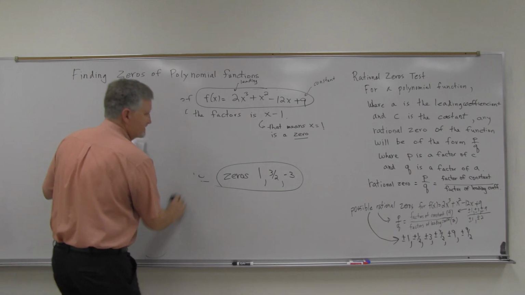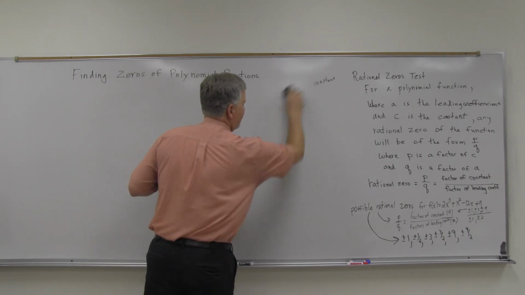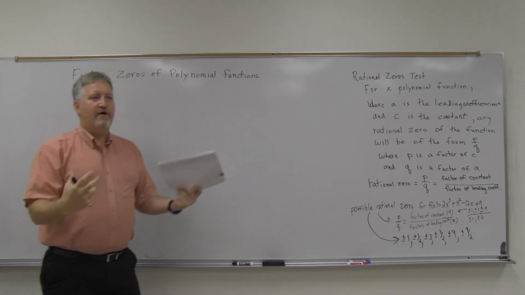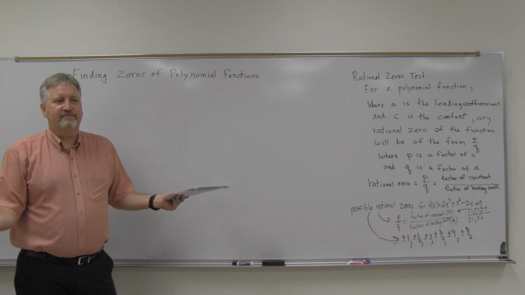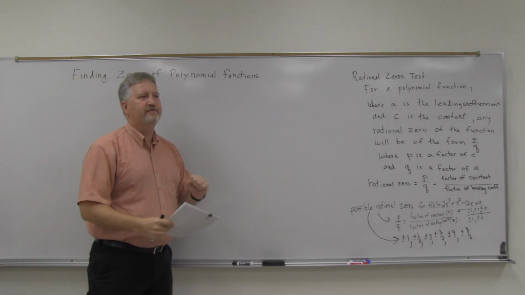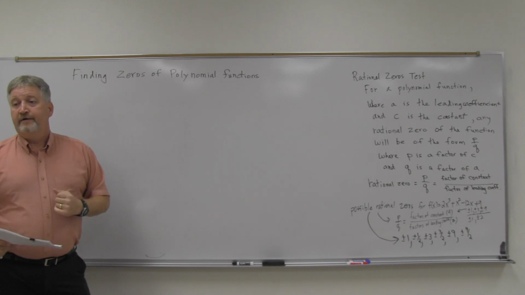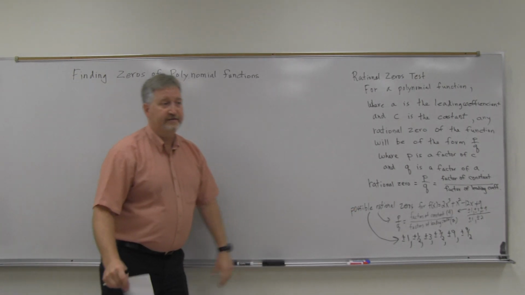And so that's the list that's going to help me find the zeros if I don't have any idea what the zeros are. If it doesn't give me one of the zeros or a factor, I'm going to have to start with that list, or thinking about that list anyway.